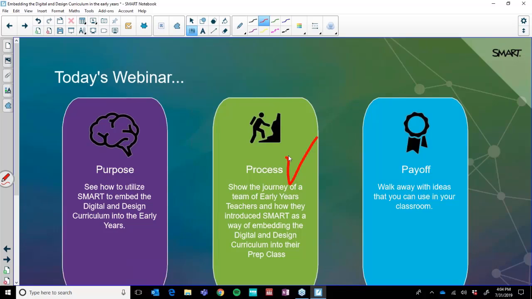Now, today, because I'm in Victoria, I will use the term prep, but when I talk about prep, I am talking about kindergarten, foundation, reception and prep. So all of our 4s, 5s and possibly 6s in prep. And our payoff is hopefully that you'll walk away with some ideas that you can use in your classroom.